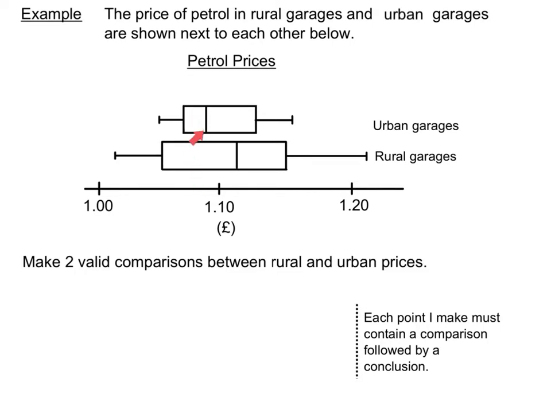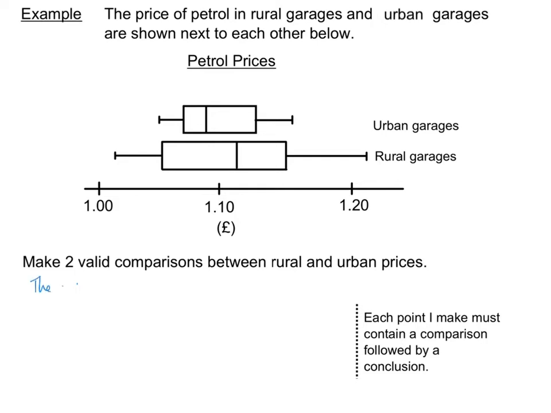Remember, the median is this middle line here. Remember, all I'm looking to do in this question is make a comparison, so I'm comparing the median value here with the median value here. Now what you can see is the median value for rural garages is further along this scale than the median value for urban garages. So we can say the median price for rural garages is higher than the median price for urban garages. So we'll write that down here first.